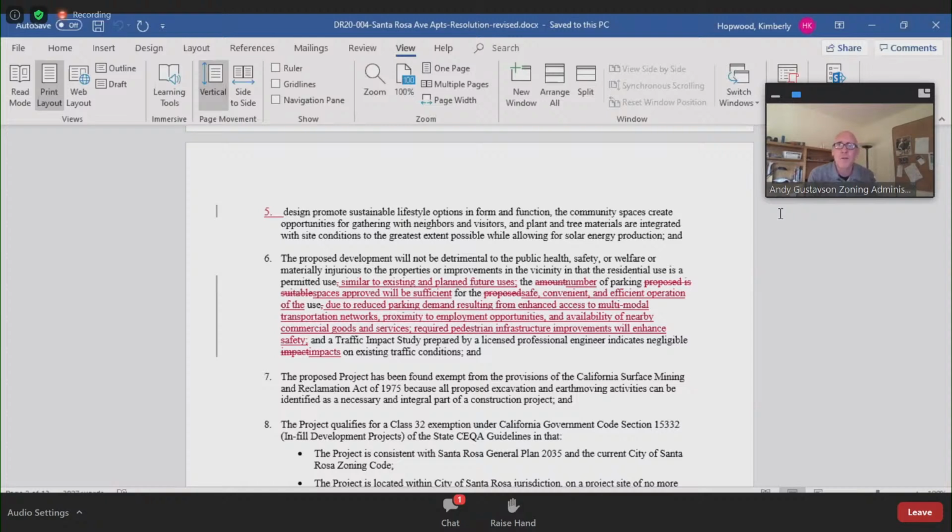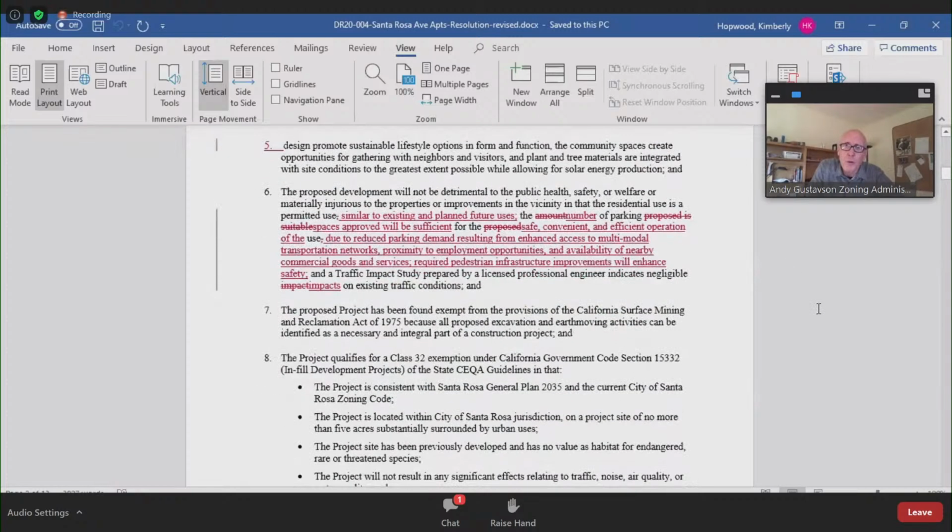It is a site that is maximizing housing where there is support for transportation, not just vehicles, but also public transit. So these changes, I think, help reinforce that idea. The conditions of approval that were presented are appropriate.